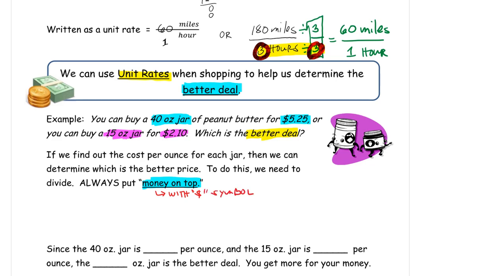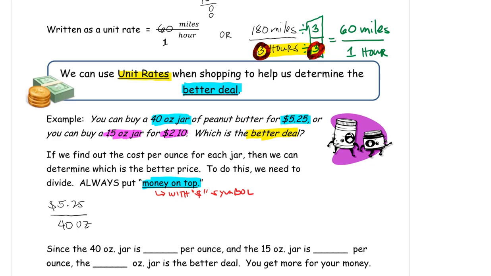So when we do the rate, you place the number with the dollar symbol on top. For the first rate, we have $5.25 all over 40 ounces.